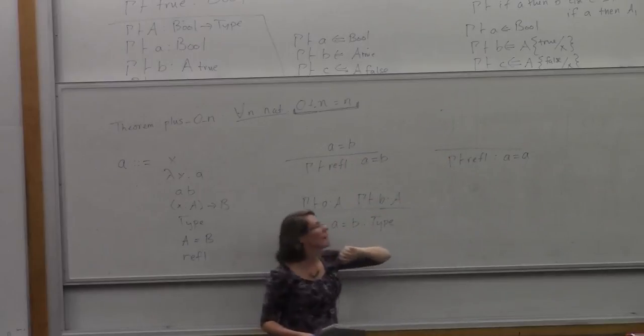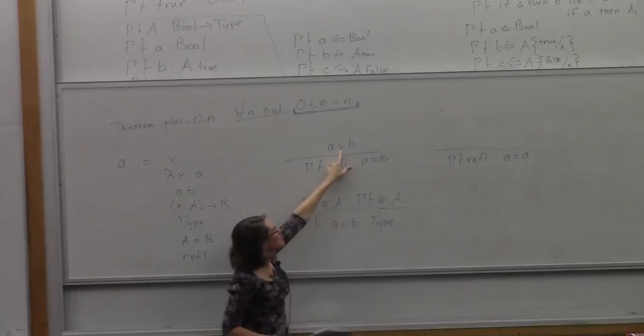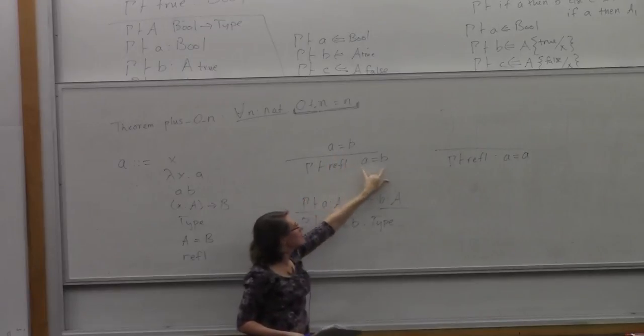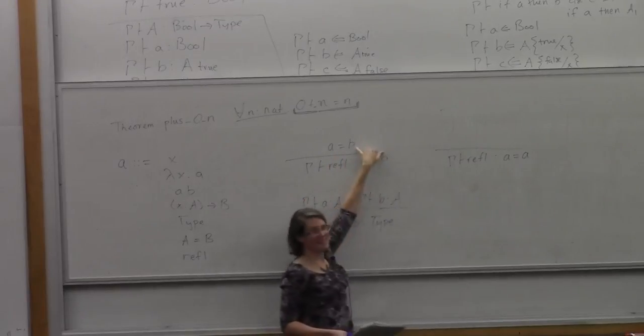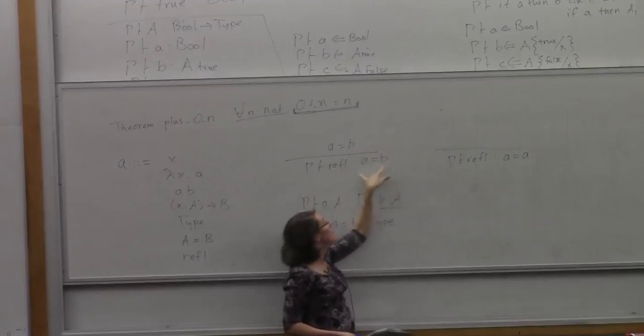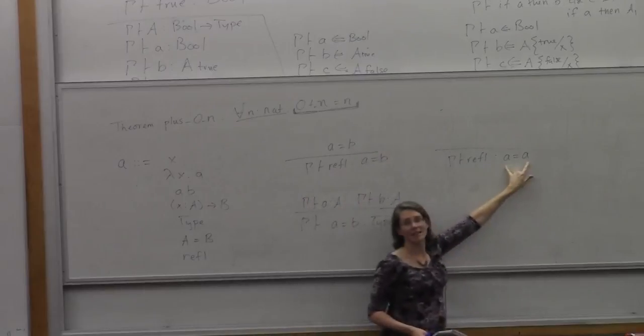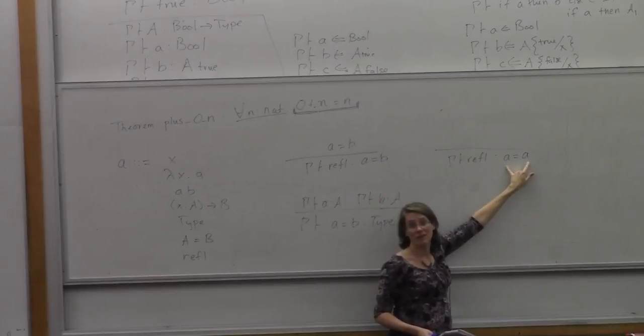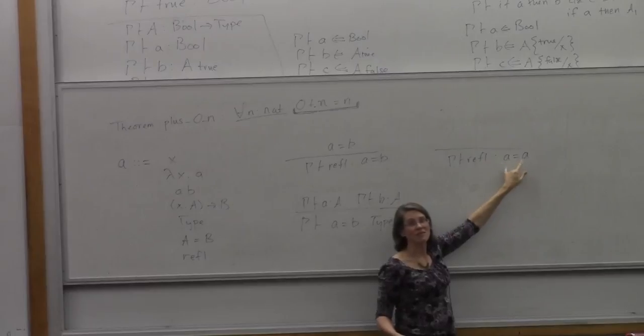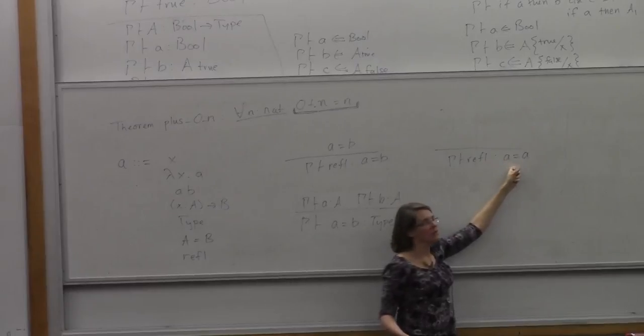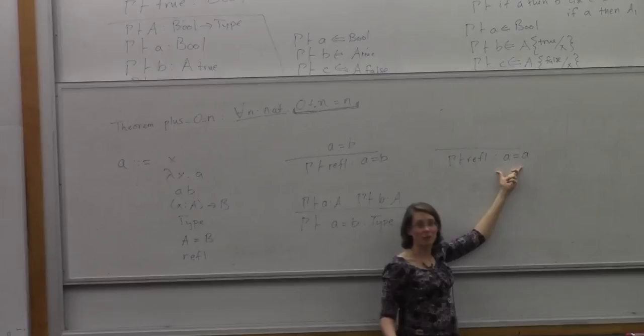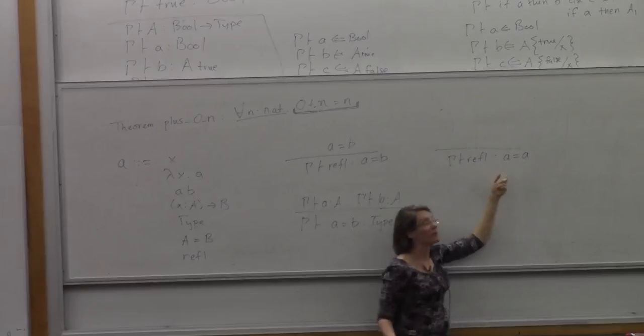Why? Because given definitional equality, knowing that A is definitionally equal to B, this type should be equal to that type. We wouldn't want those two types to be different from each other because A is equal to B. So again, we want definitional equality to be a congruence, even through the equality type. So two equality types are going to be equal when their subcomponents are equal.